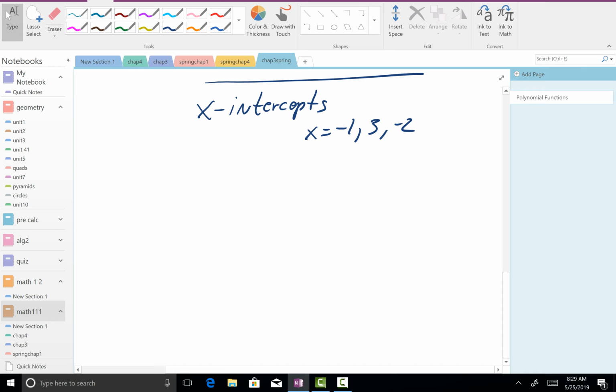Okay, let's do this. I'm going to put a slider in here. Now I'm going to eliminate some of these.